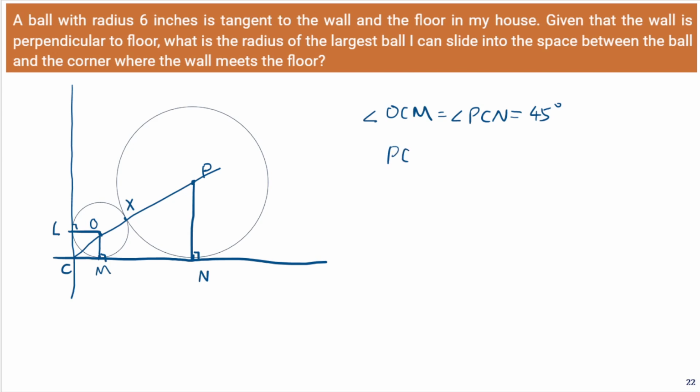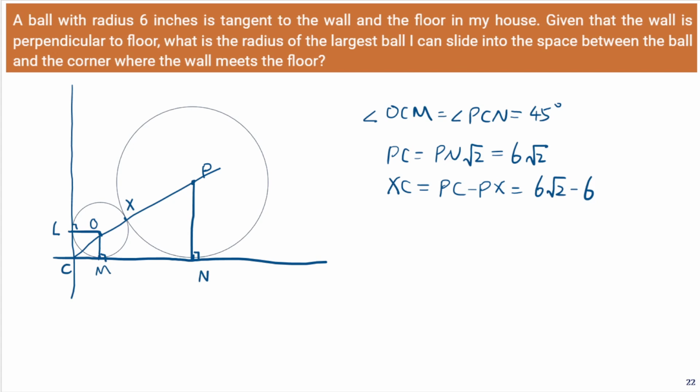So we have PC equals PN times square root 2, which gives us 6 square root 2, and XC equals PC minus PX, which is 6 square root 2 minus 6.